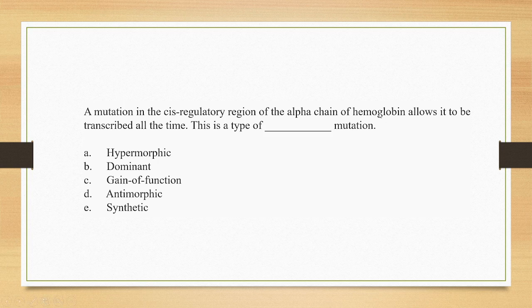Because of this mutation, transcription is happening all the time, so there is increased transcription. I'm giving you the hint also. Is this a hypermorphic mutation, dominant mutation, gain of function mutation, antimorphic mutation, or a synthetic mutation?